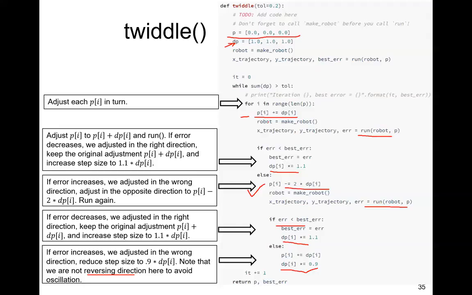And then you are repeating the process until some dp does not exceed a tolerance, which means that your step size is so small that you're not adjusting anymore. Then you stop. Okay, any questions on this twiddle function?